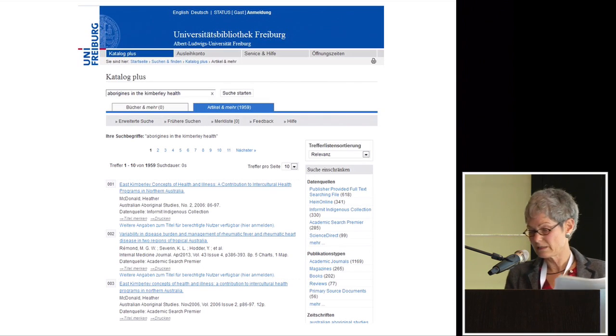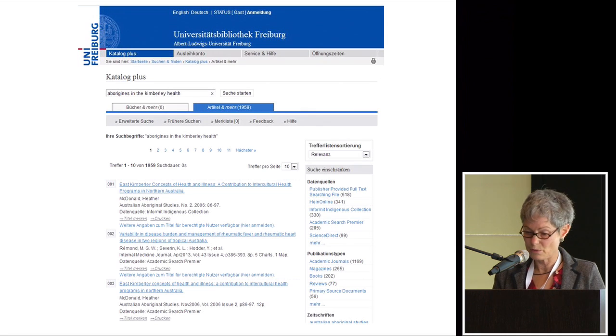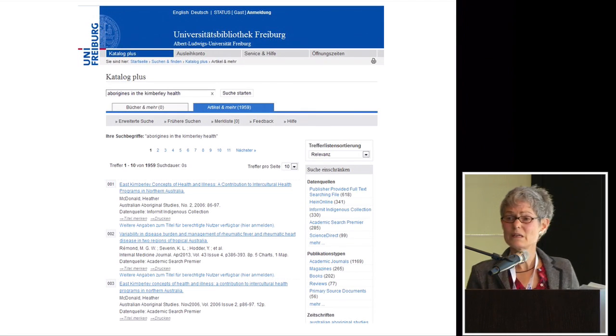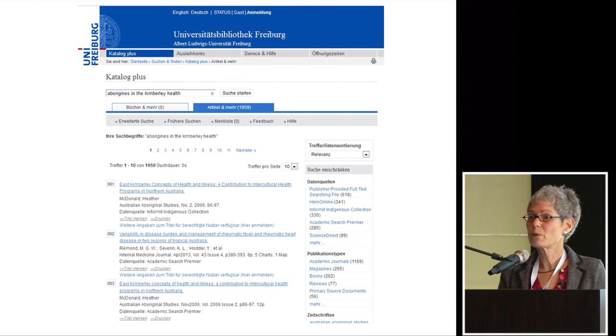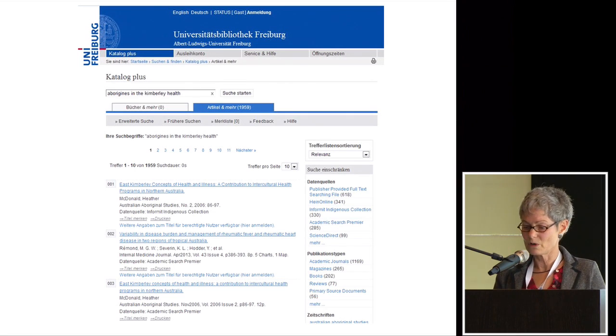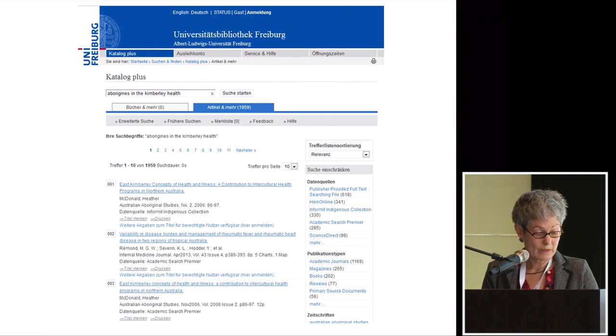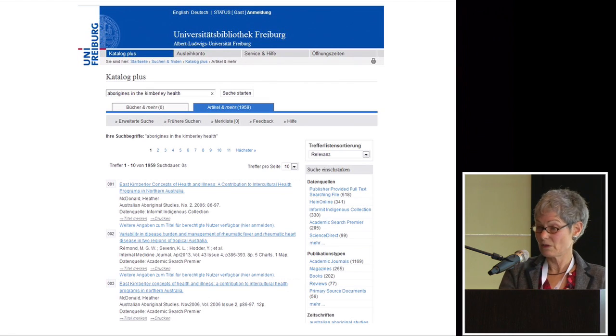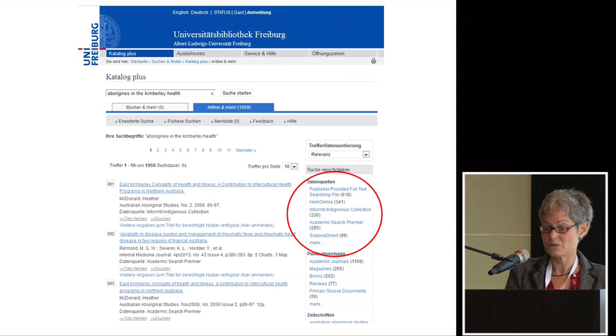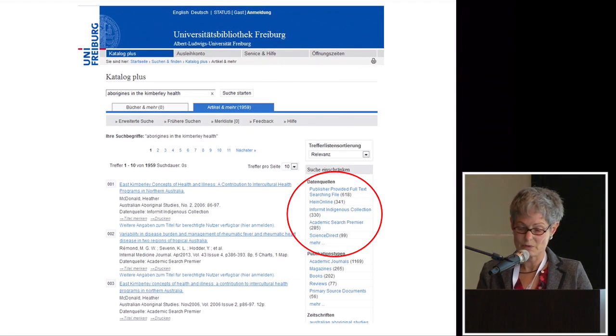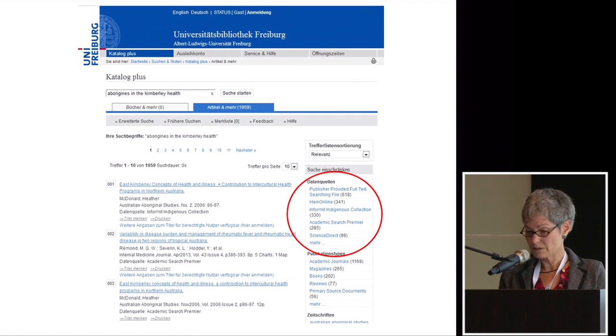Just to give you a practical example of what I mean, look at, can you see it? Probably not in the back. I'm sorry about this. It's a screenshot. So here's a search result page with about 2,000 search results. And this digital library offers you a filter in order to narrow down your search results.